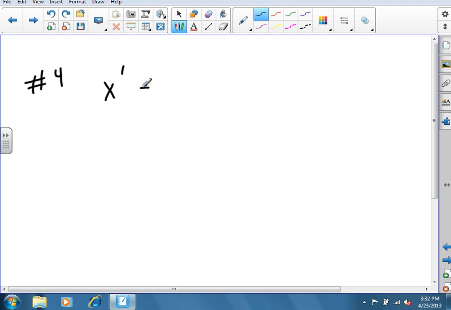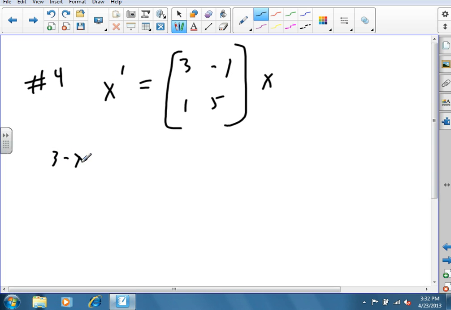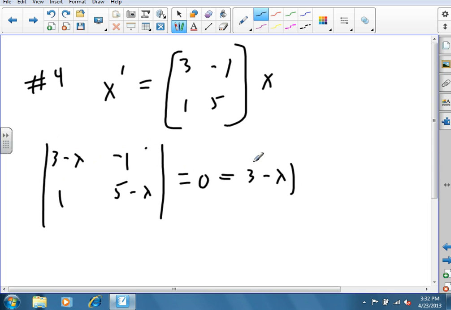So we're going to look at number 4. X prime equals the matrix (3, -1; 1, 5) times x. I'm going to have to solve for eigenvalues. So I got 3 minus lambda, -1, 1, 5 minus lambda. I'm going to take the determinant of that and set it equal to 0. (3 minus lambda)(5 minus lambda) minus (-1)(1).